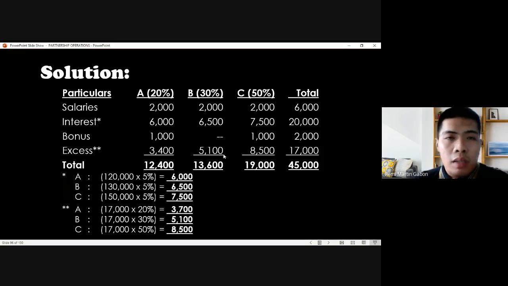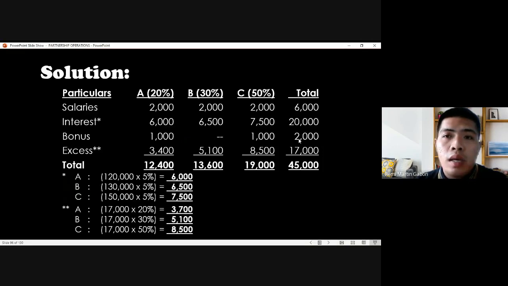Okay. So may distribution ng salaries, good for 6,000 lahat. 2,000 each. Then interest based on capital balances before profit or loss distribution. So 6,000 and 6,500 and 7,500 respectively to A, B, and C. Total 20,000. So a total of 26,000 na. Okay? Then bonus naman, yan, may bonus daw sa hanay ni A at sa hanay ni C. Wala kay B. So total of 2,000.